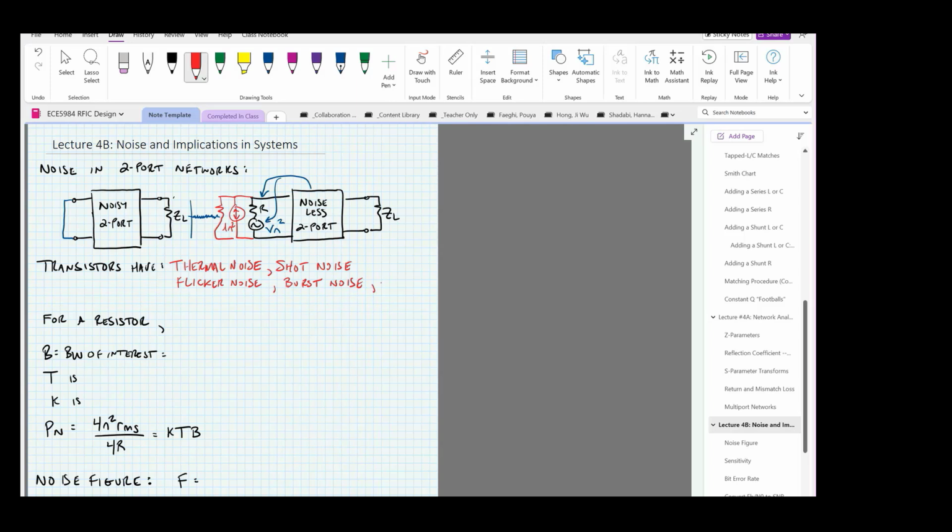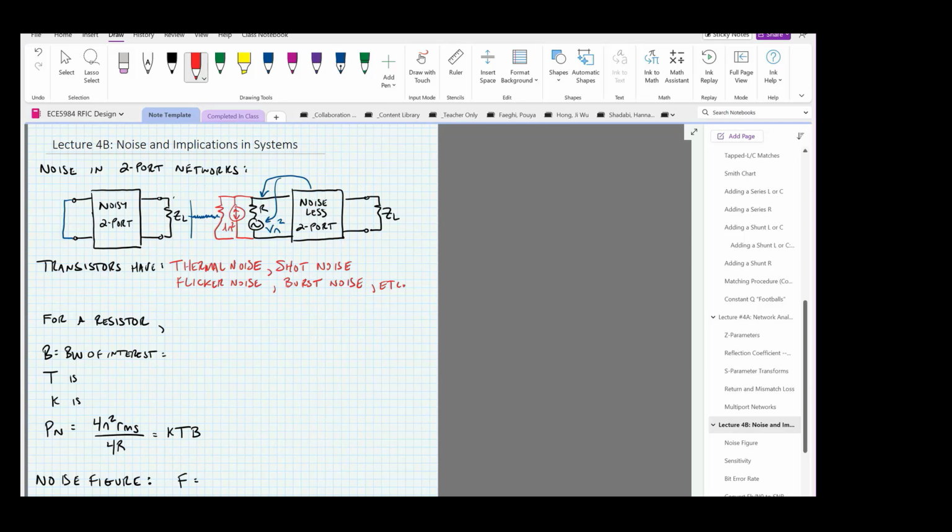And there are a few other types of noise as well we won't talk about. But generally, these have to do with imperfections in the lattice when we make the circuit, or imperfect recombinations of carriers in the circuit, or maybe inopportune recombination of carriers in the circuit.